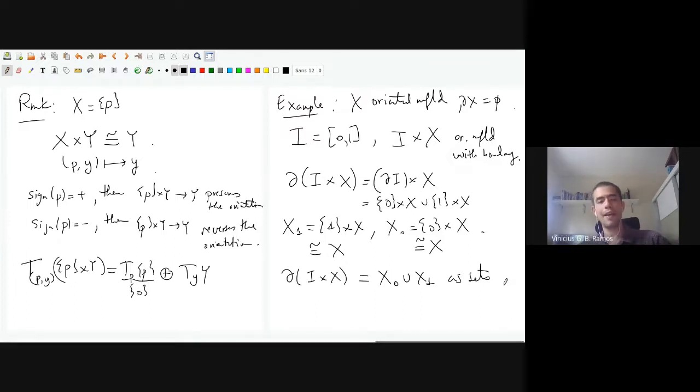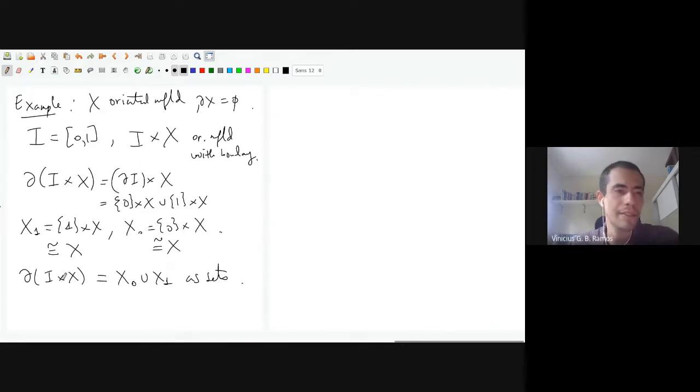That's the thing that we can look at. We already did the case where X is the empty set, but now let's do a more interesting case, for another X. So suppose that you take a point of the form (1, x). This is a point in X1, and let's look at the orientation induced there.